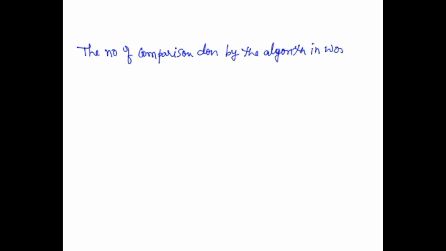Let's write down the summary. The number of comparisons done by the sorting algorithm in the worst case is equal to the height of the decision tree for that sorting algorithm.